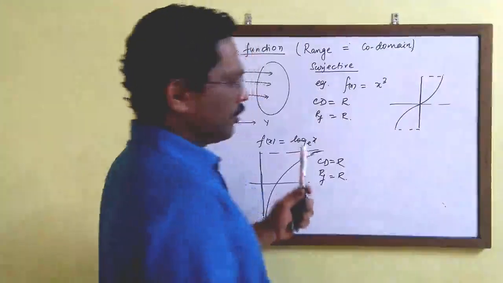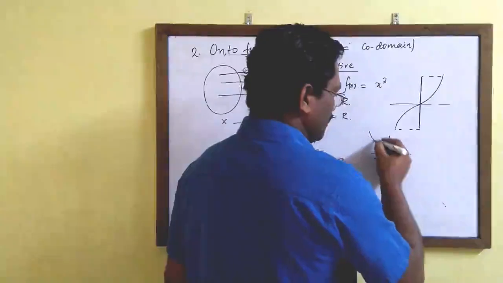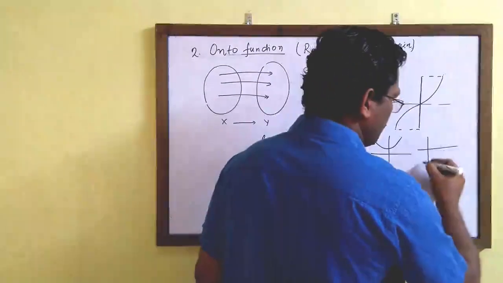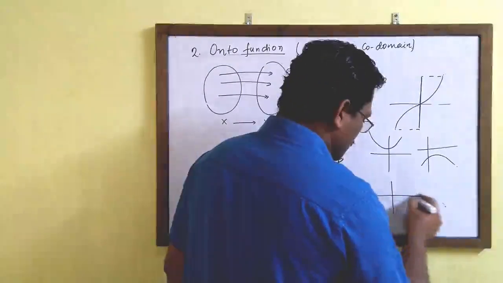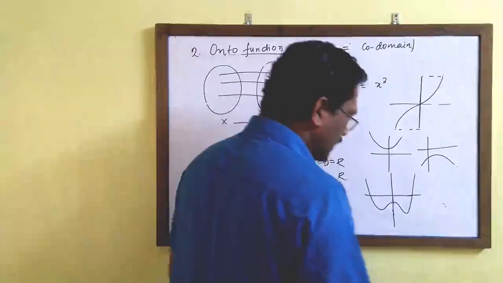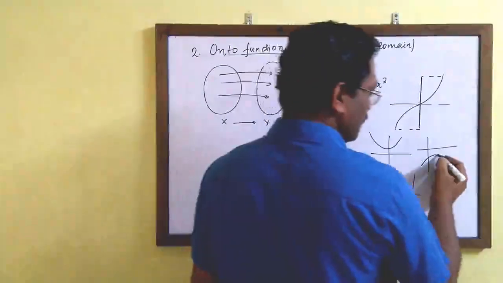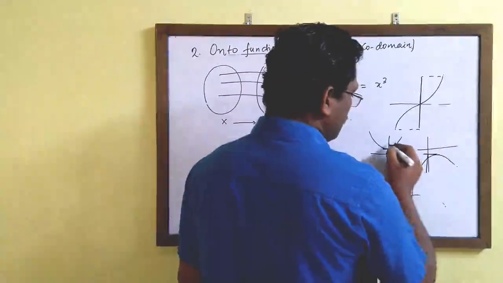Now all even degree polynomials. If I talk of a quadratic polynomial, it will be either like this or it will be like this. If I talk of a fourth degree polynomial, it will be something like this. Now can the projection of this cover the entire y-axis? No. It will cover only a part of the y-axis.